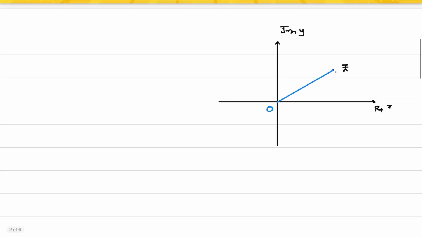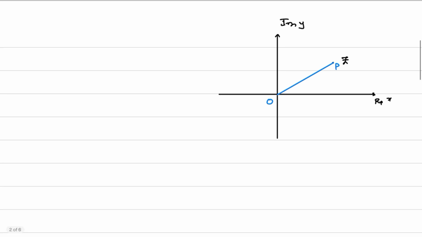And if there is a number z, let us say, then this number is denoted by the vector OP, where P is the point, with magnitude OP, and direction at an angle theta to the positive x-axis in the anti-clockwise direction. This is what we have defined till now.